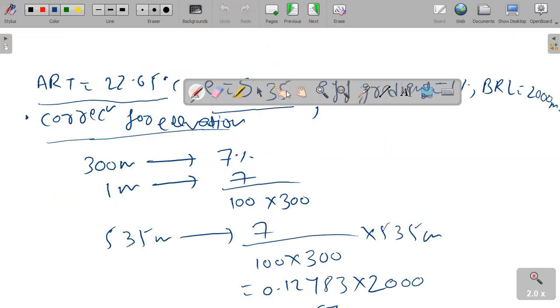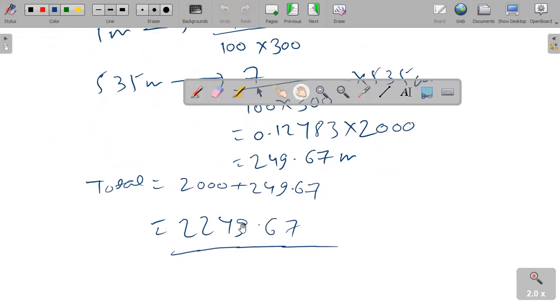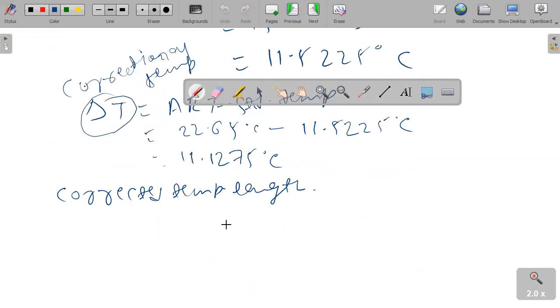that is 2249.67. So 2249.67 divided by 100, multiplied by this value, 11.13.